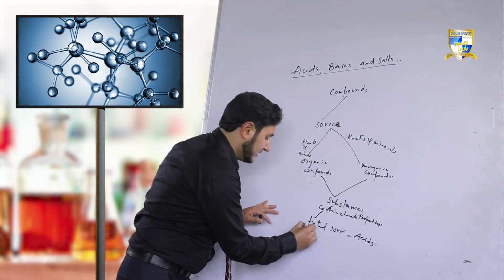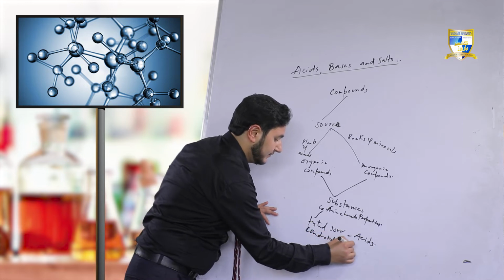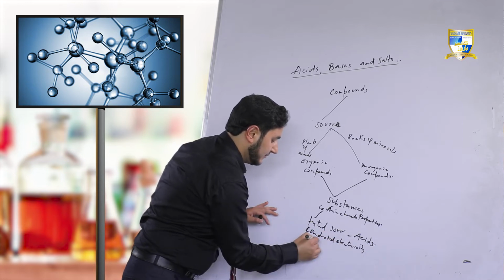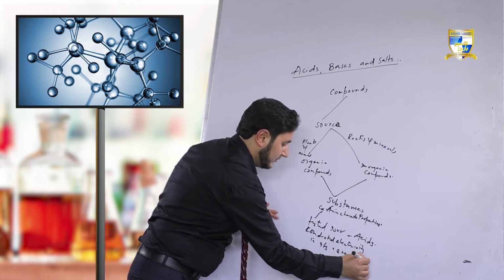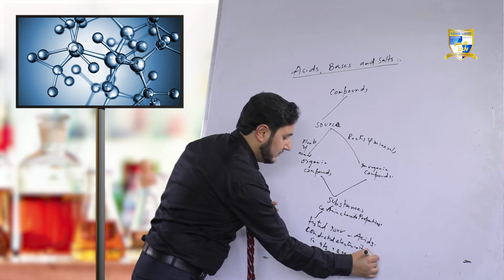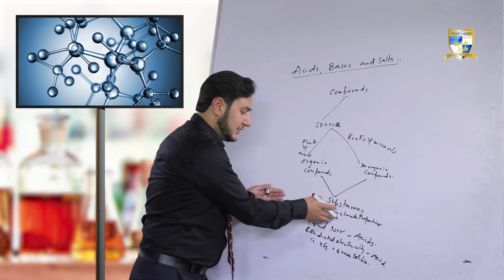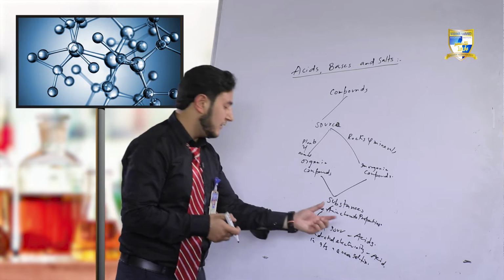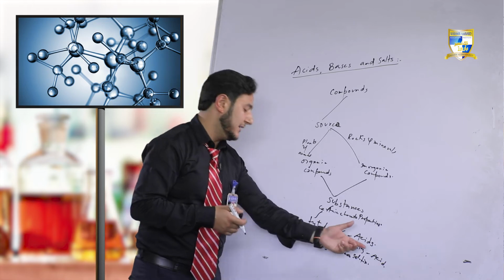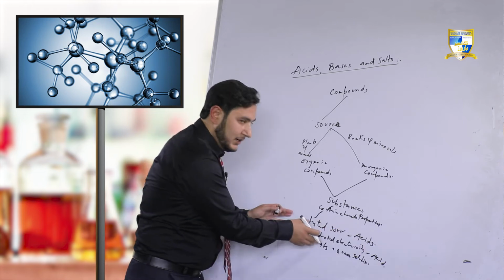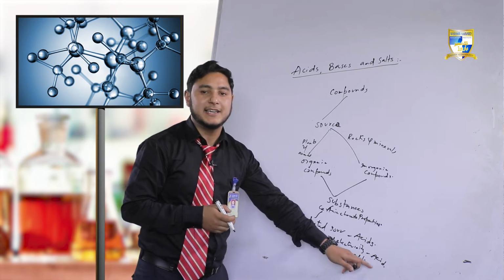Moreover, if the substance conducted electricity in its aqueous solution, it was also called an acid. If they tasted sour, they were called acids. If they conducted electricity in aqueous solution, they were also called acids.